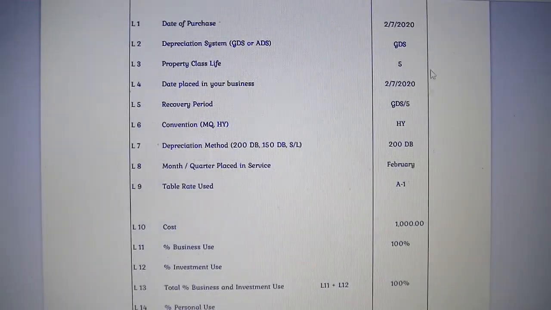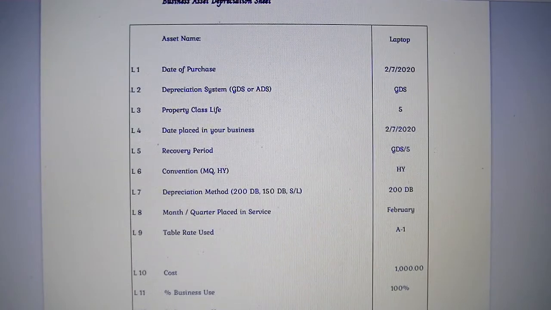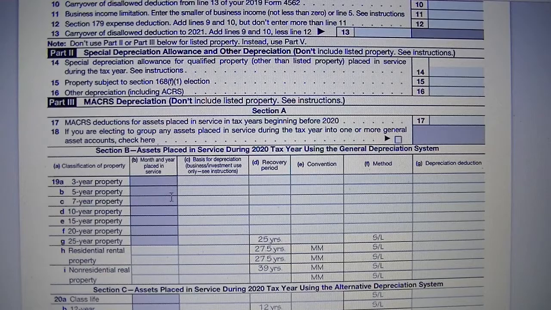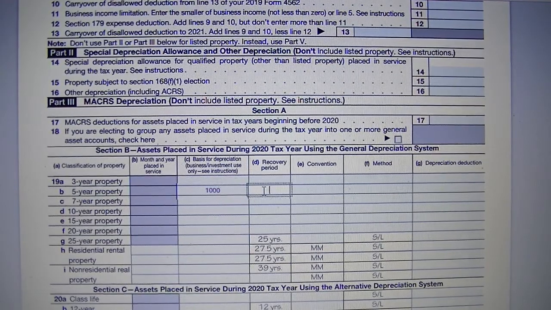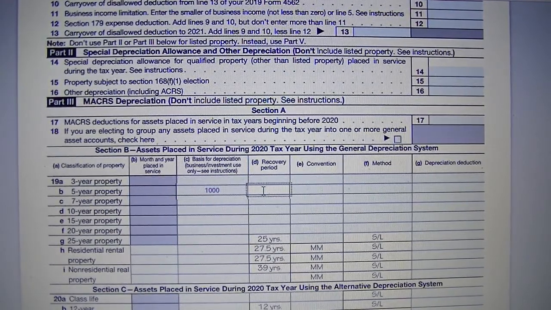And for this particular laptop, we can fill up the form with the information. That's a 5-year property, basis is 1,000. The recovery period was GDS/5.